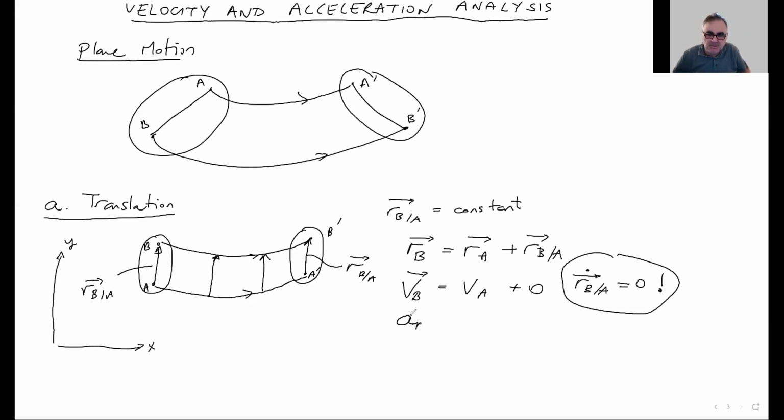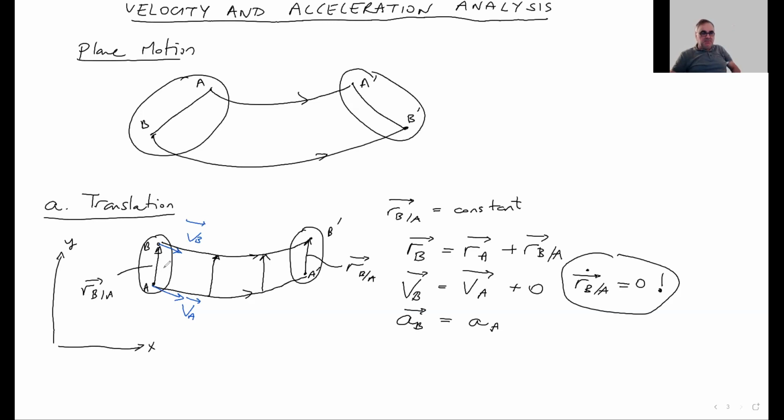And then the second derivative, acceleration. Acceleration of B is equal to acceleration of A. Now the velocity is tangent to the path, as we know. Let me draw this in another color. This one. So this will be VB. This will be VA. Velocities inside the body are all the same, okay?